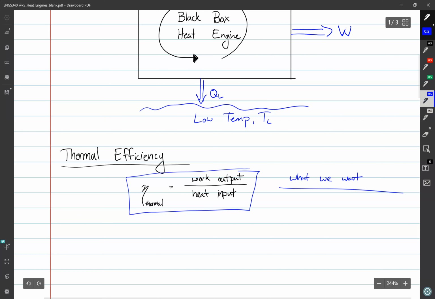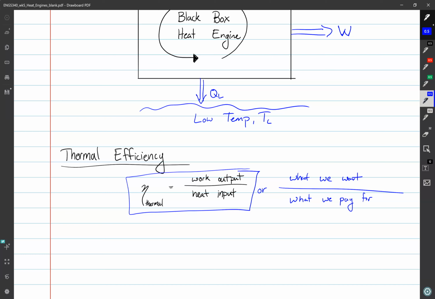what we want. In the heat engine, we're trying to produce work. So that's the work output, the net work output is what we want. And, sorry, I can't write, what we pay for.